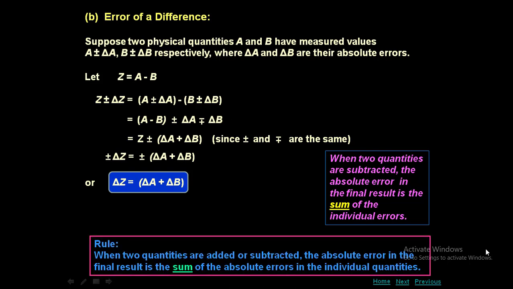So what is the rule from these two? When two quantities are added or subtracted, the absolute error in the final result is the sum of the absolute errors in the individual quantities.